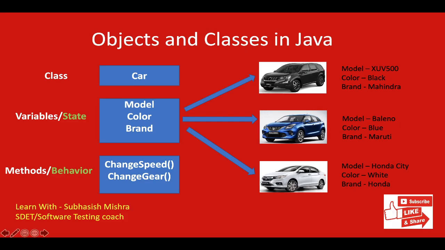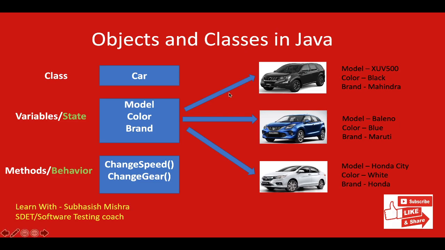When we create an object of the car class, then maybe the object will be a Mahindra and model XUV 500, color is black, brand is Mahindra. Then we have another object having model Baleno, color blue, brand is Maruti. Again we have another object where model is Honda City, color is white and brand is Honda.